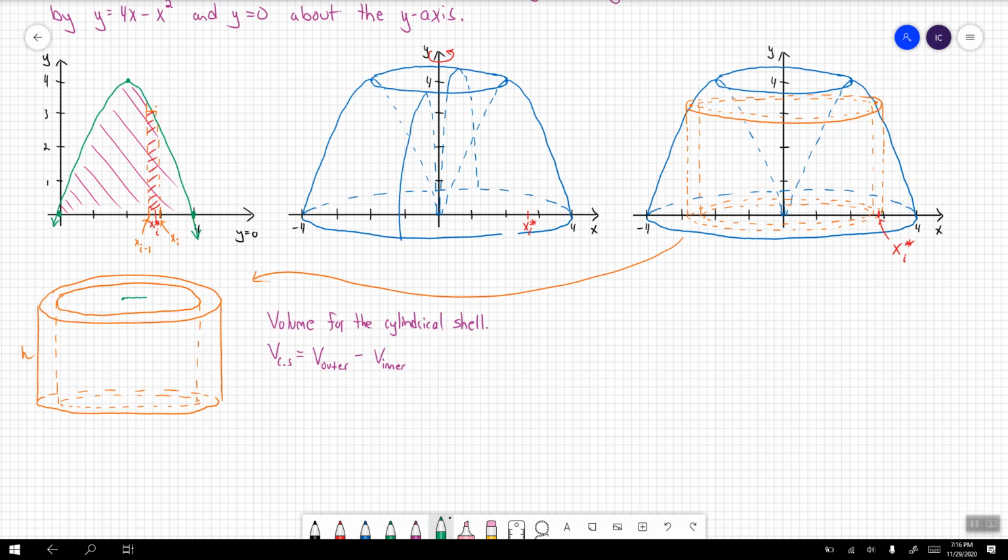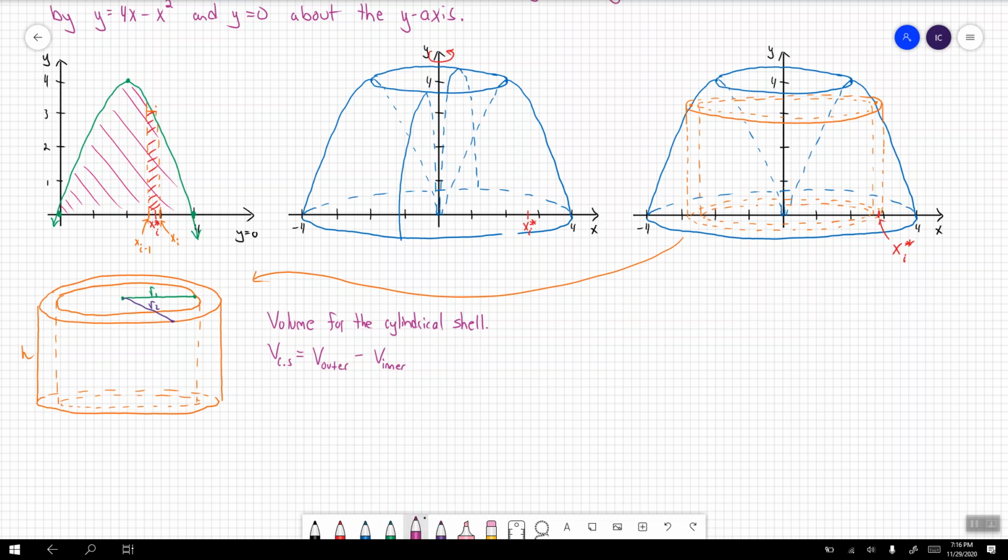So I'm going to have radius 1. This is going to be r sub 1. That's radius 1. Radius 2 is going to be the outermost radius here. So that's radius 2. So again, radius 1 goes to the inner, radius 2 goes to the outer.